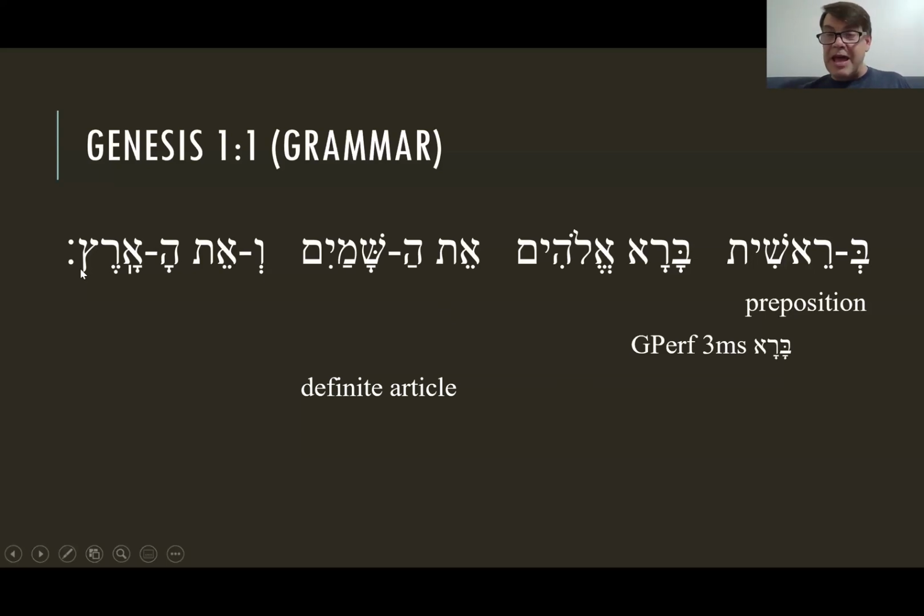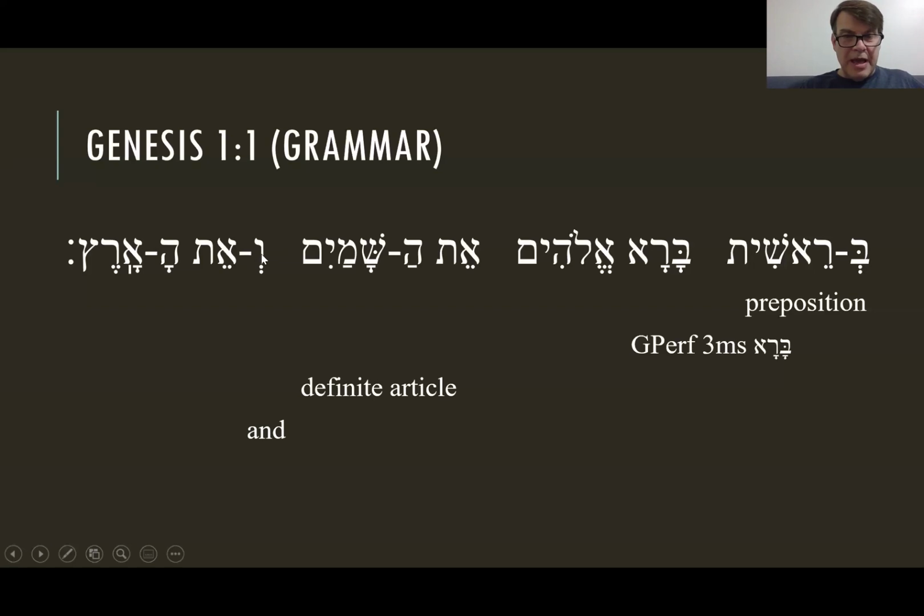And he created the land. Again, we think earth, globe. They thought land. Same word, but probably land. So a more accurate historical translation might be something like, in the beginning of God created the skies and the land. Okay.